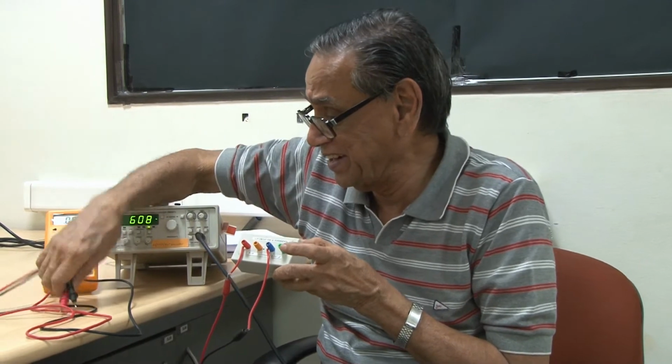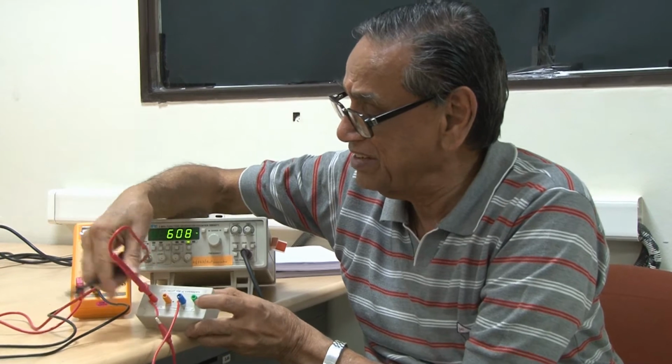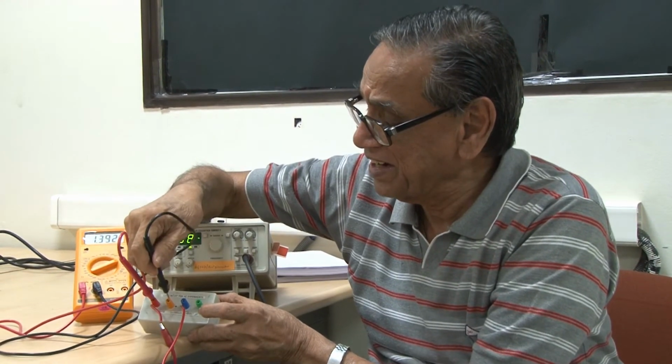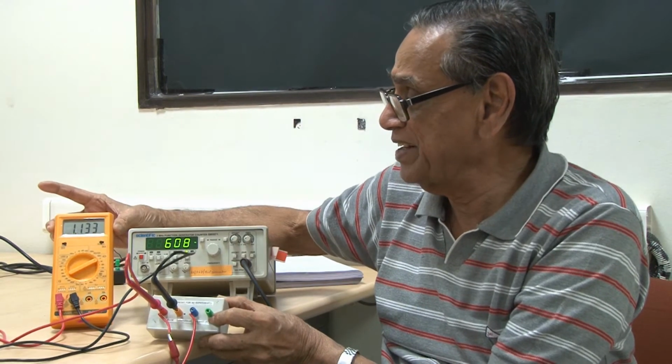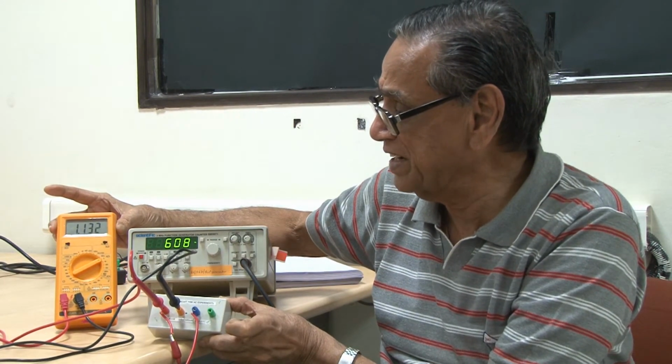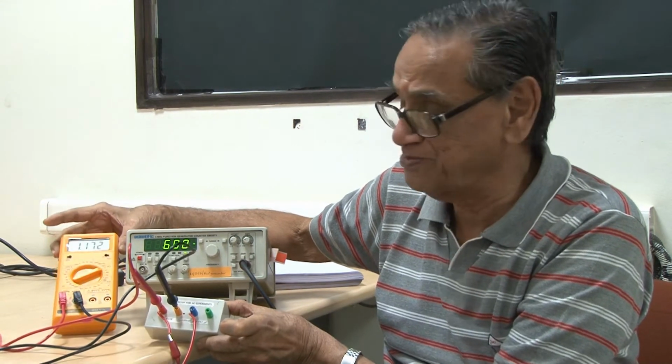By connecting a DMM in the AC region, I connect it between red and yellow, then you are getting a voltage of 1.18 volts.